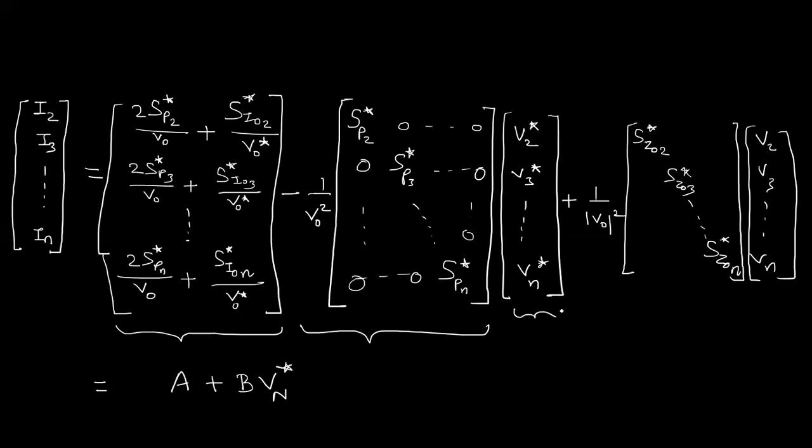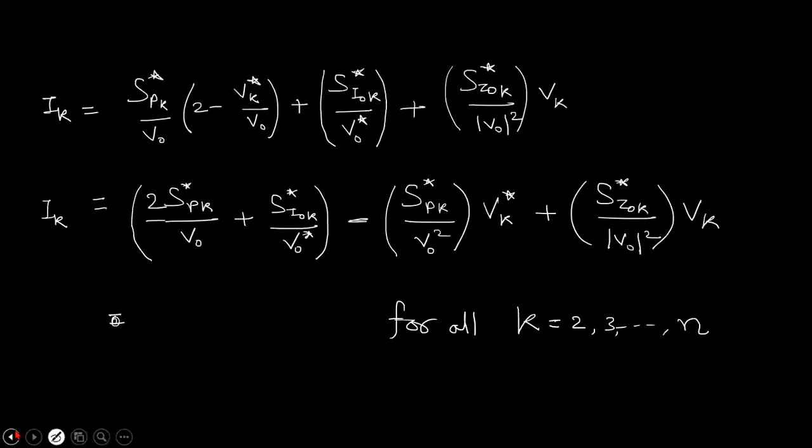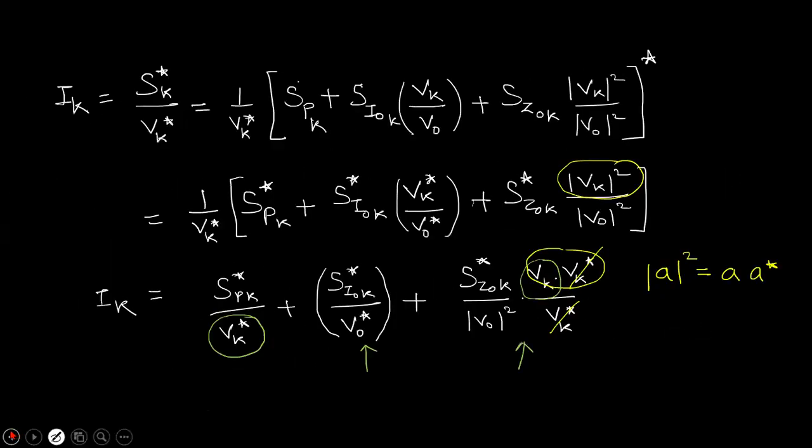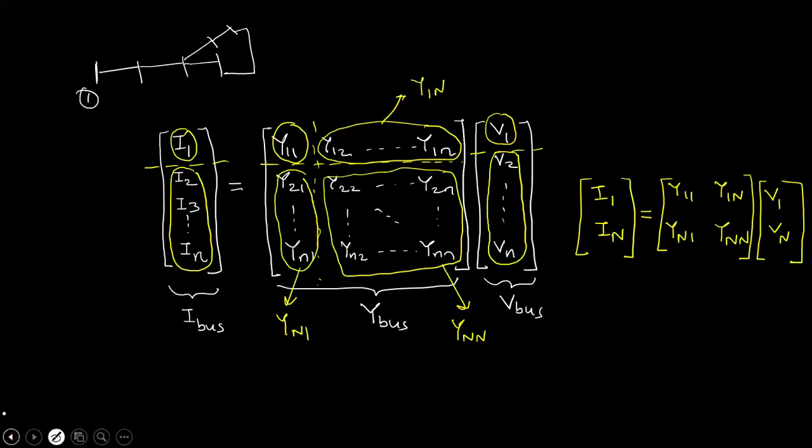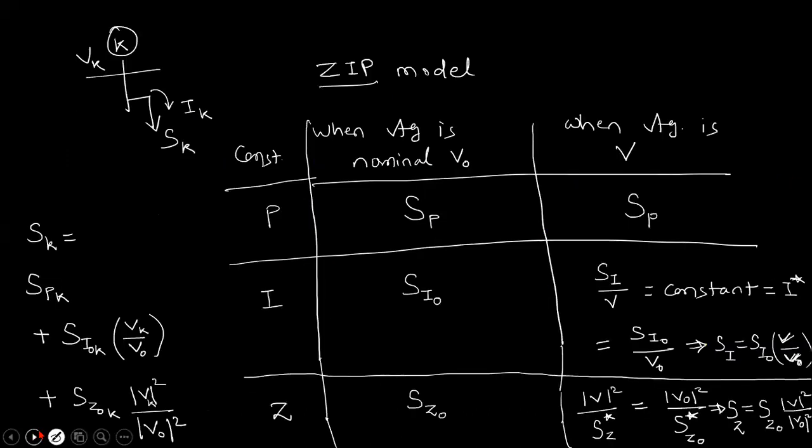Notice that this is basically Vn conjugate. We have defined the Vn vector as consisting of V2, V3 up to Vn. Fine.